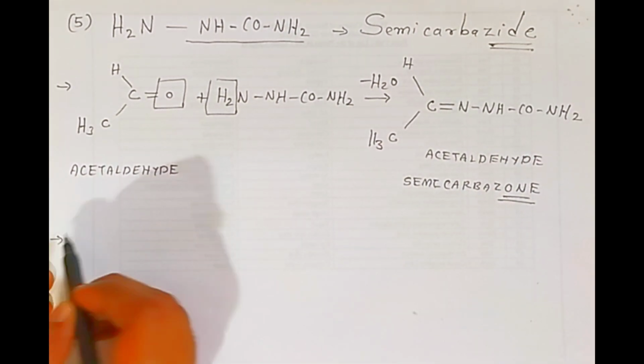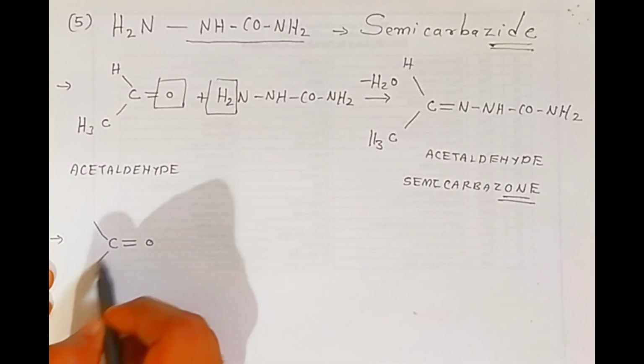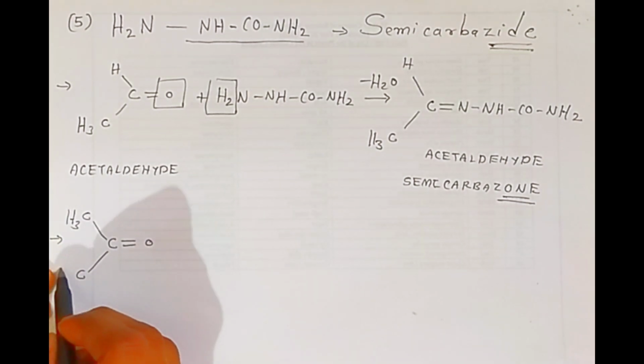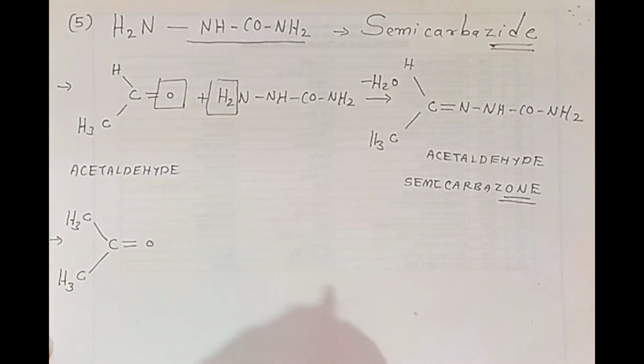Now students, the same thing is happening in ketone also. A simple ketone example is acetone, with both valencies of carbonyl replaced with methyl groups.